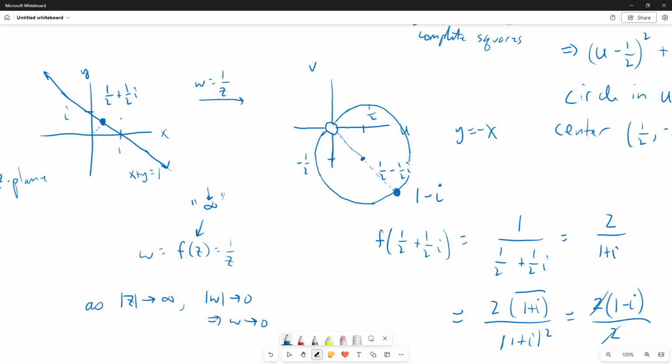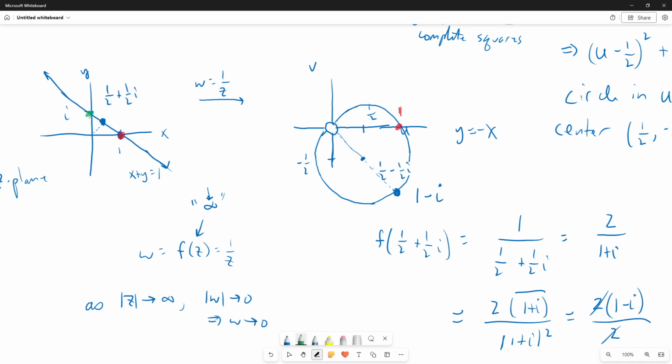Now, where does the point 1 map? So let's put 1 in red. Well, 1 over 1 is 1. So this here must be the real number 1. And what about i? Let's put that one in green just for fun.